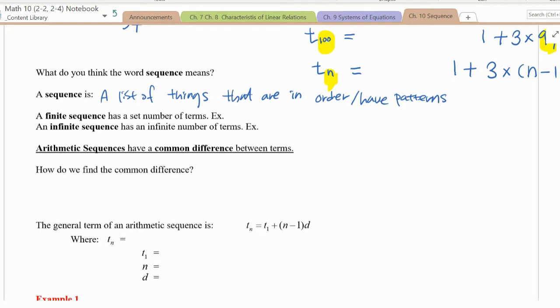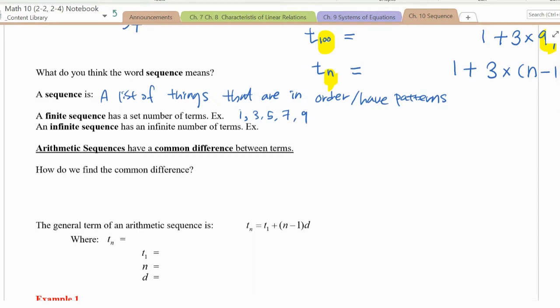So there are two types of sequence, a finite sequence and an infinite sequence. So a finite sequence has a last number. So for example, when we have 1, 3, 5, 7, 9, this is a sequence, this is an arithmetic sequence, goes up by 2, and the last term is 9.